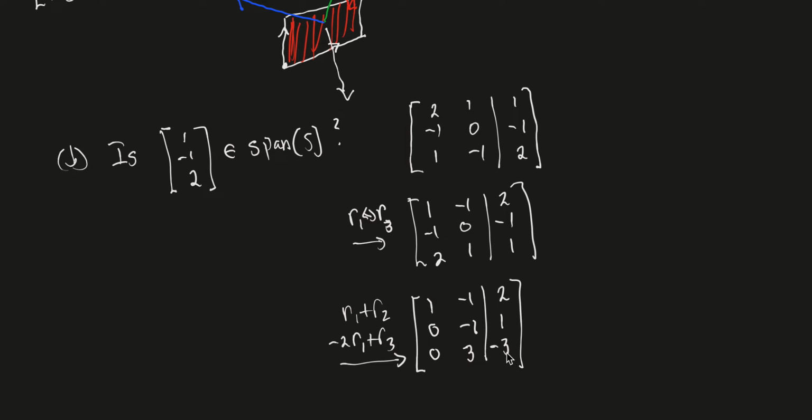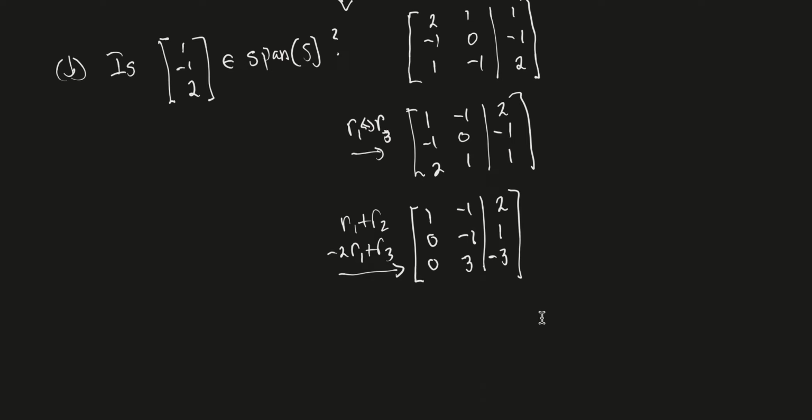And then if I make this pivot a +1, so just take -1 times row 2, that produces this system.